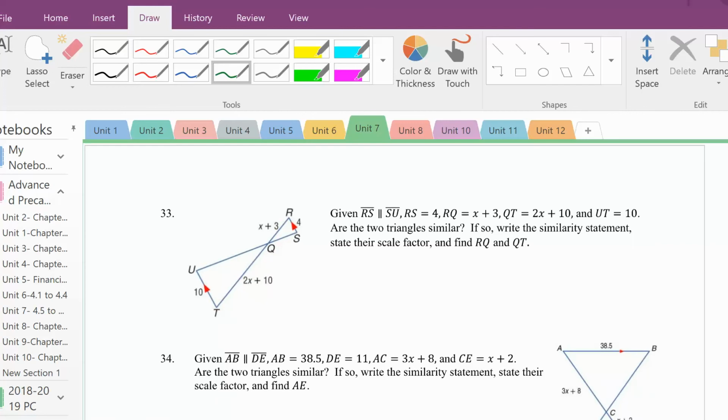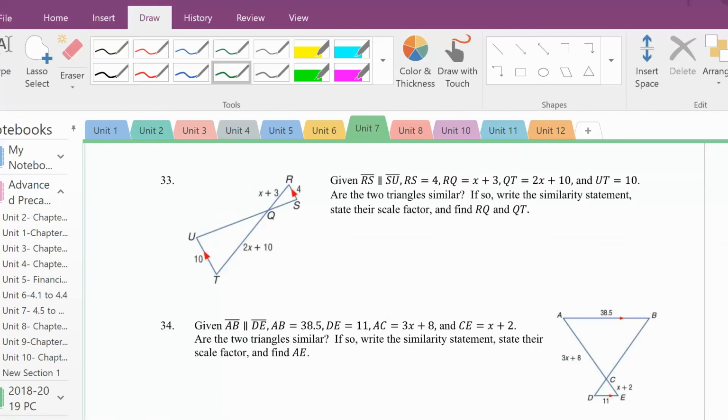All right, so the next question says, given that RS is parallel to TU, RS is equal to 4, RQ is x plus 3, QT is 2x plus 10, and UT is 10. Are the two triangles similar? Well, the answer to that is yes, because you could say angle-angle similarity here because of the parallel lines.